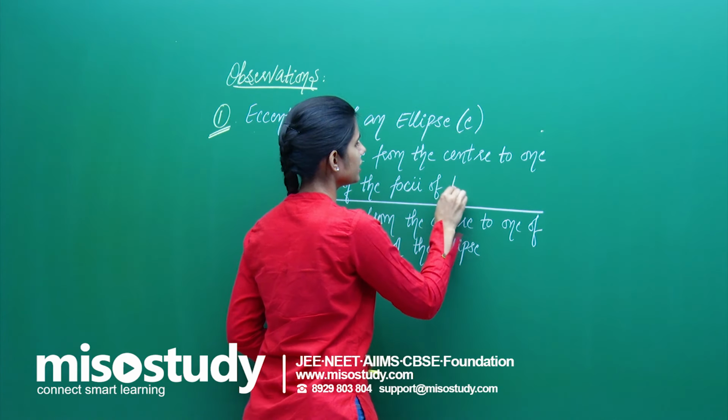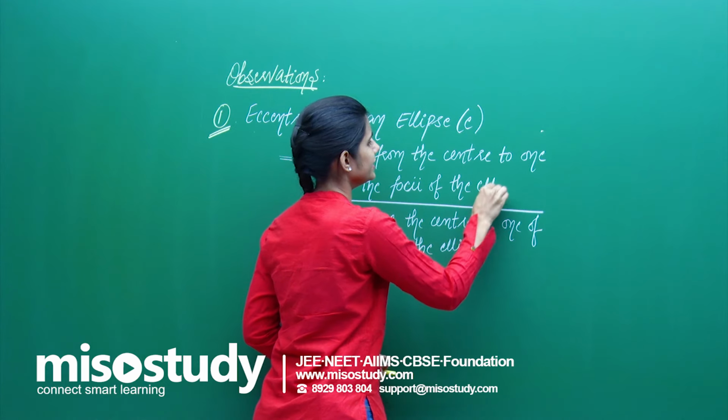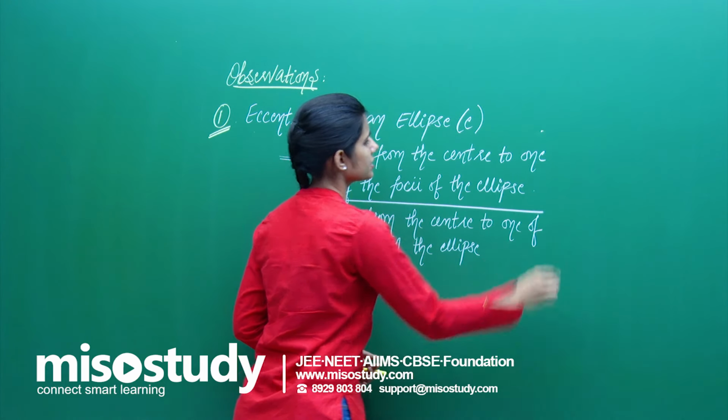Ratio of these two things is what is called the eccentricity of the ellipse.